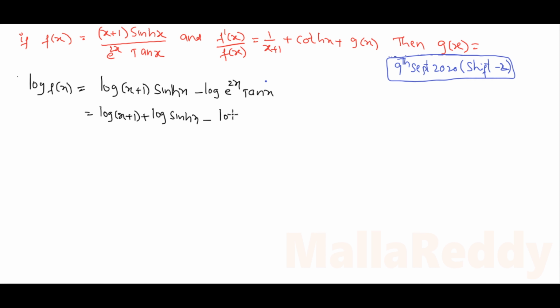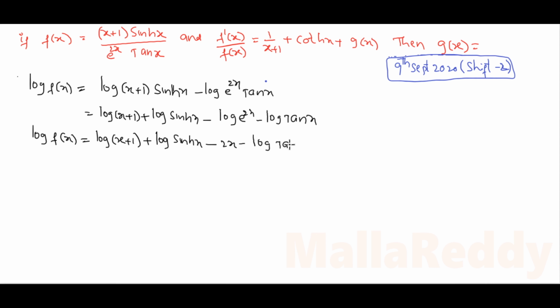This is written as log e^(2x) plus log tan x. So log f of x is equal to log of (x + 1) plus log of sinh x. Log e^(2x) is 2x into log e. Log e value is 1, minus log of tan x. Now take differentiation on both sides.